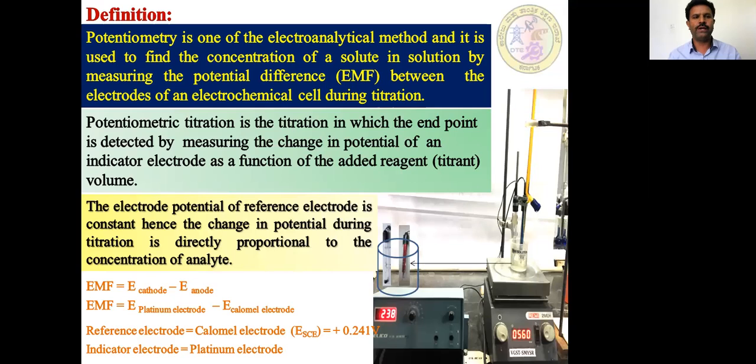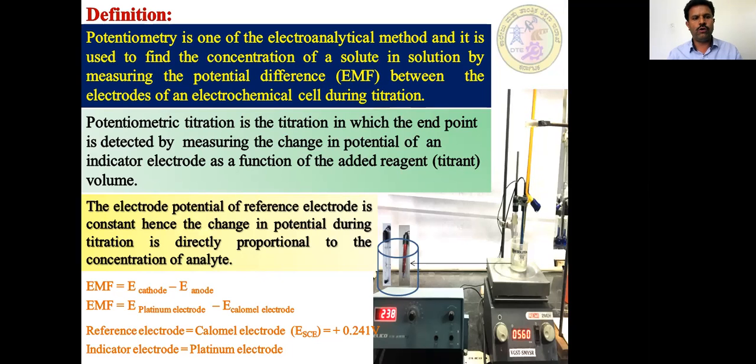What is potentiometry? Potentiometry is one of the electroanalytical methods, and it is used to find the concentration of a solute in solution by measuring the potential difference, that is EMF, between the electrodes of an electrochemical cell during titration.